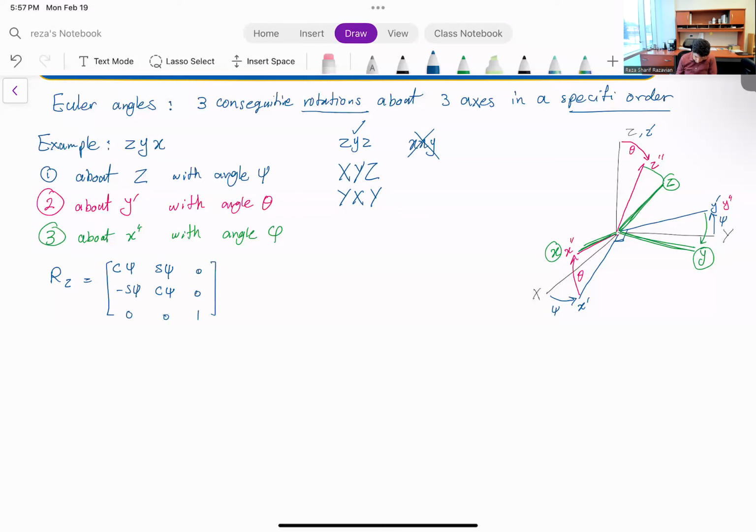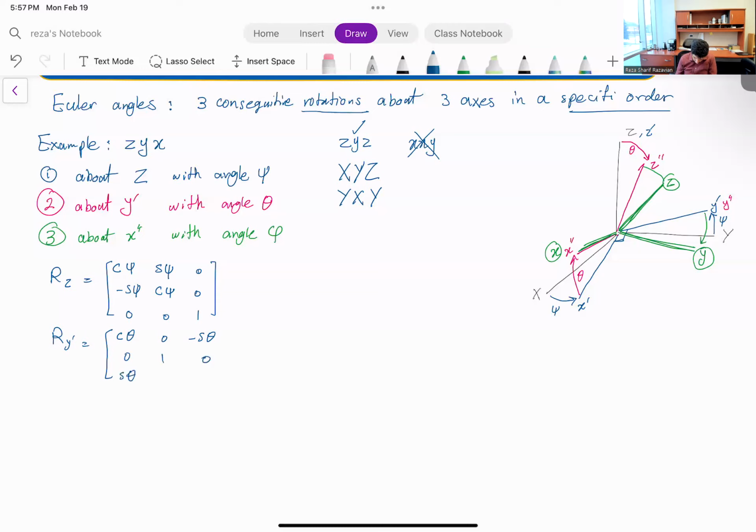You know this. These are about y prime. Again, it's a pure rotation about one of the axes, so the rotation matrix is simple: cosine of theta, 0, minus sine of theta. About y, the sign flips to the other side.